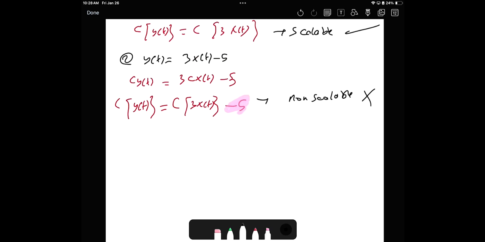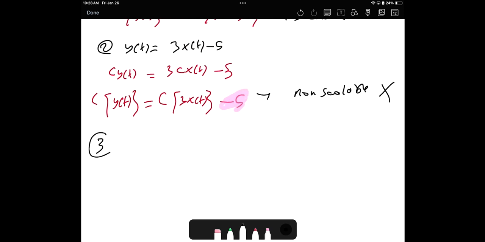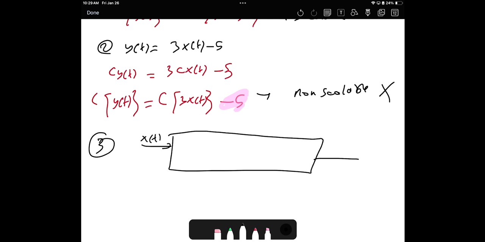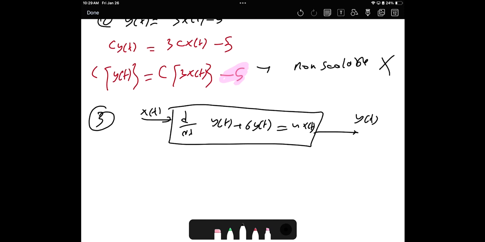Now, another thing for checking scalable or not, which is if we have the following system as a differential equation. d by dt y of t plus 6 y of t equals 4x of t. Now, in this situation, again, we will replace every x by cx, every y by cy.